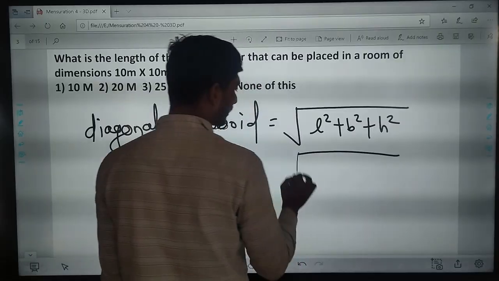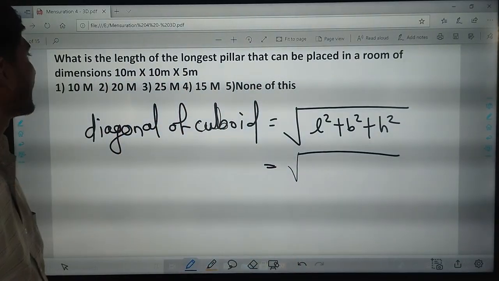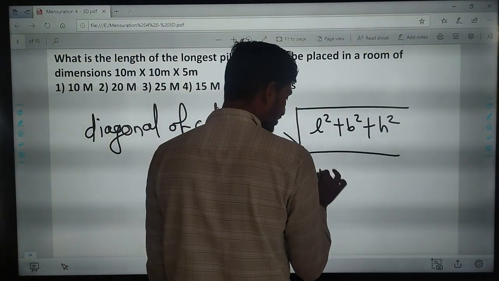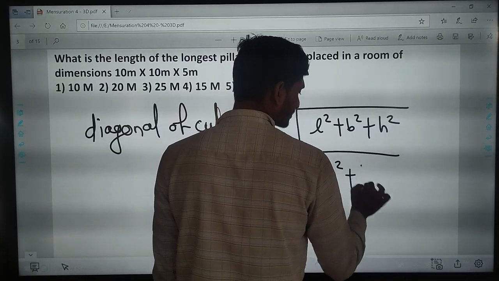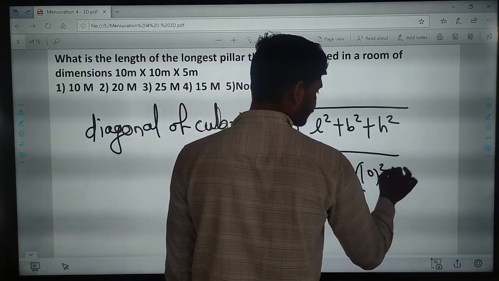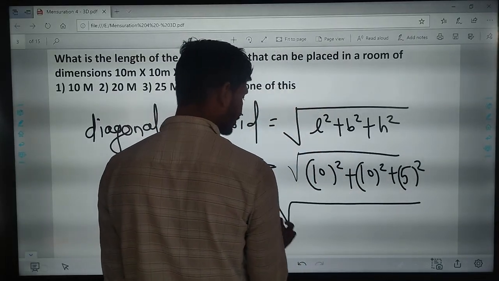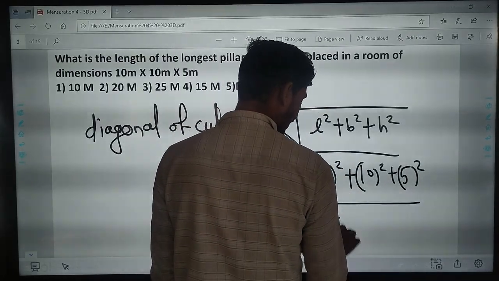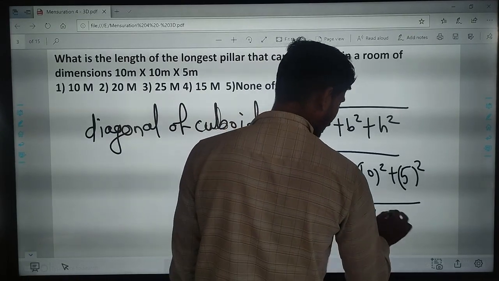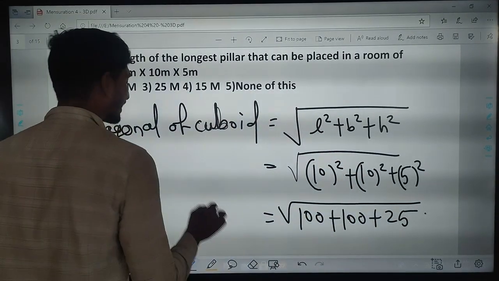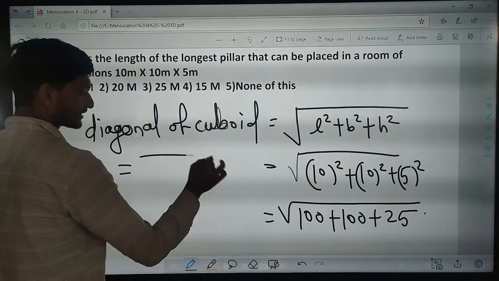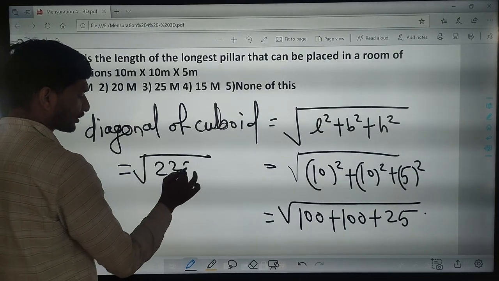Now here we take these values 10, 10, 5. Then 10 square plus 10 square plus 5 square. Now we take the addition: 10 square is equal to 100, plus 100, plus 25. That is 225. That is, your diagonal is 225.